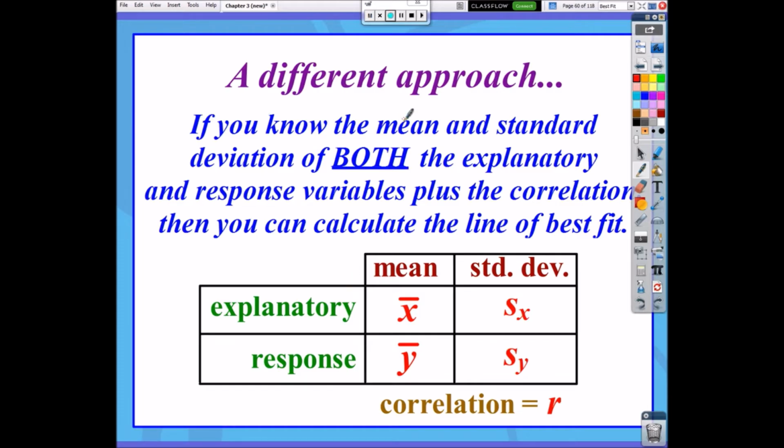So if you know both the mean and the standard deviation of the explanatory and response variables and the correlation between the two variables, then we can figure out what the line of best fit is, what that LSRL represents. So this is a problem where you need to know 5 numbers to be able to accomplish this.